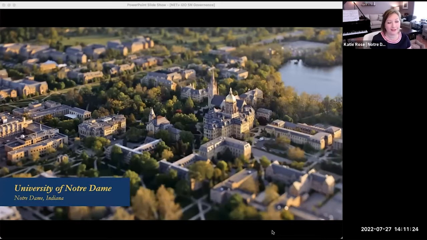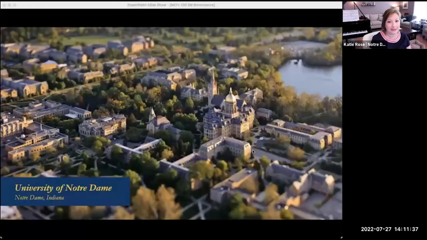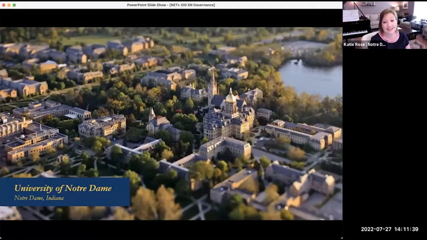I'm the AVP for IT Strategic Excellence and Engagement. I have been a champion for ServiceNow at Notre Dame since we started implementing it in 2014, where we were mostly focused on implementing the IT Service Management Suite, and then also expanded to several of our areas in finance and HR, and have since expanded well beyond that to our distributed IT teams, to even our piano technicians on campus who manage all of the hundreds of pianos that you will find on our beautiful campus in many of our chapels.